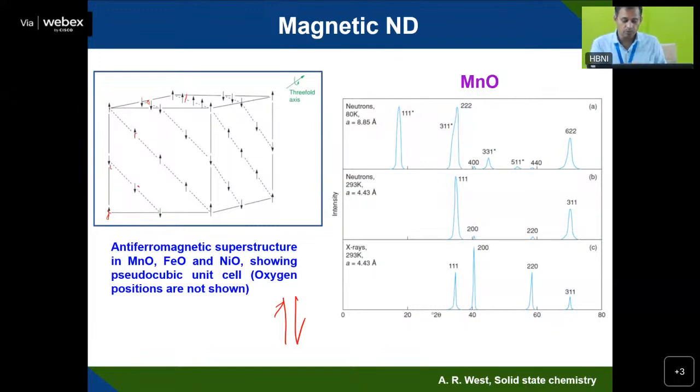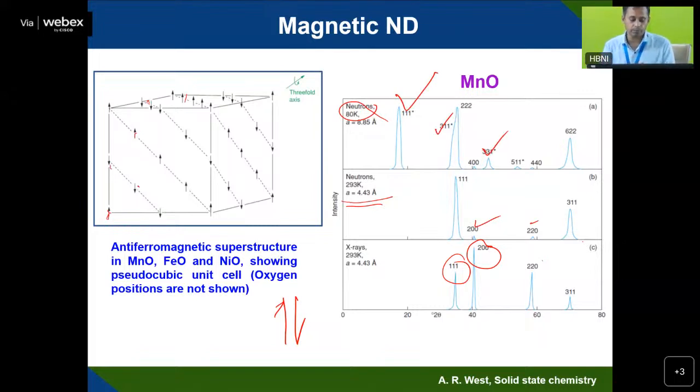In the X-ray diffraction pattern, you are able to see a few peaks like 111 and 220. With neutron scattering at 293 K room temperature, you get almost a similar structure, where these two are less intense. But at low temperature, 80 K, in neutron diffraction you can see the 111 star, 311 and 331 peaks.